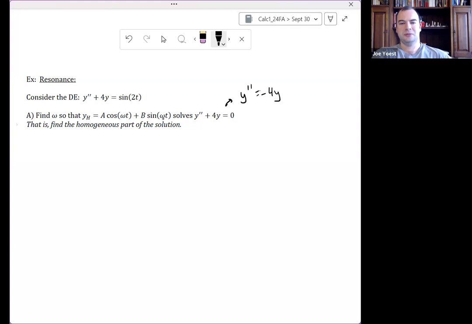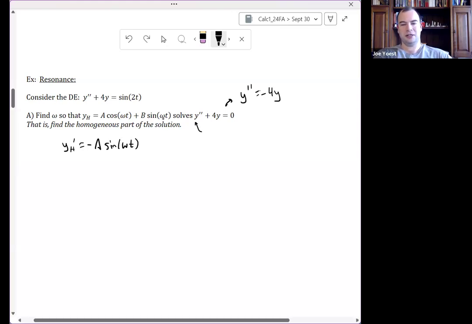Okay, so I need to find the second derivative of this proposed homogeneous solution. So let's find its first derivative. A times cosine of stuff becomes A times negative sine of stuff. But don't forget the chain rule.